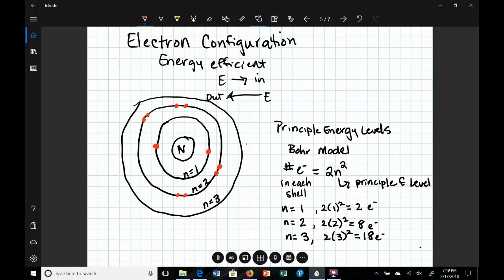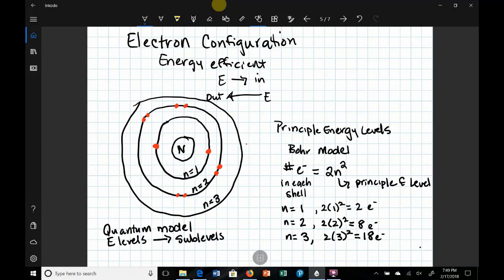If we're thinking about the quantum model, the energy levels are broken down into sublevels, which then house orbitals.